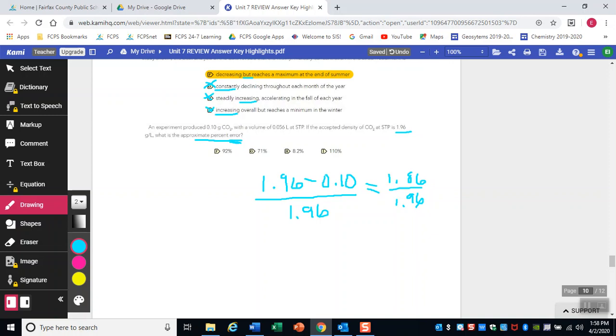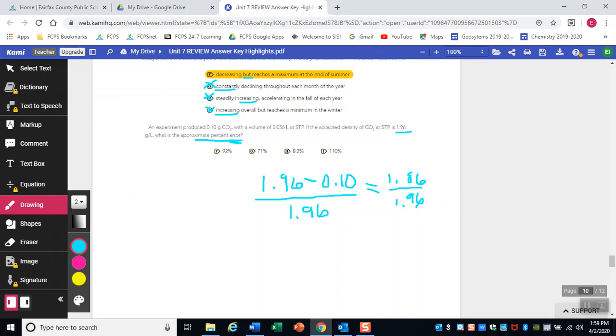So I'm going to do that on my phone here. I forgot to put up Desmos. So let's see, we've got 1.86, and you should be doing this too, or have done this so that you know what to do. You'll be able to do it on your own. So that gives you 0.9489.